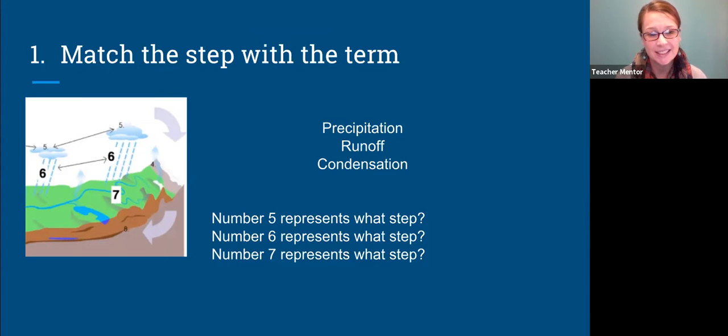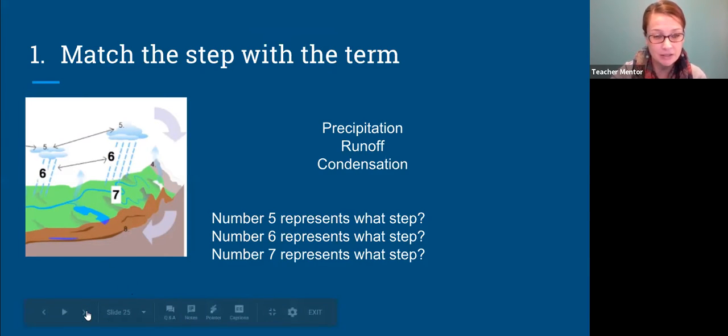Because gravity pulls them down. Very good. Excellent. Exactly. So number 6 is showing us that gravity has pulled down those water droplets from the clouds. Awesome. And then number 7, we have one term left, is represented by runoff. So we can see the precipitation falling on the surface and then running off into the various bodies of water.